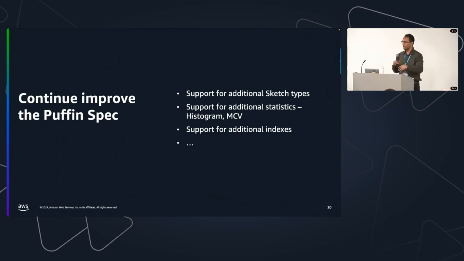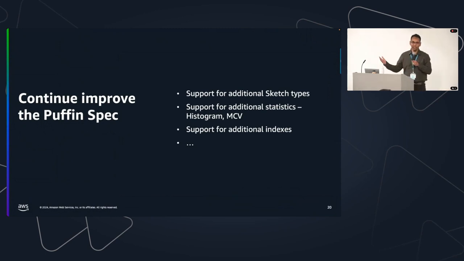Can we do it even faster with those? What about additional statistics types? In the database world, histograms and MCVs are pretty common. What if we build those and add them as part of the Iceberg spec? This requires a change to the spec, because the current spec is NDV only, so we need to improve the spec.